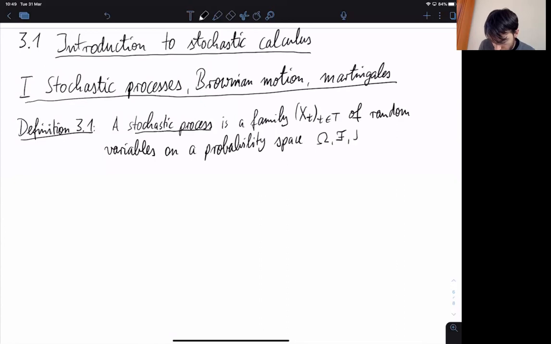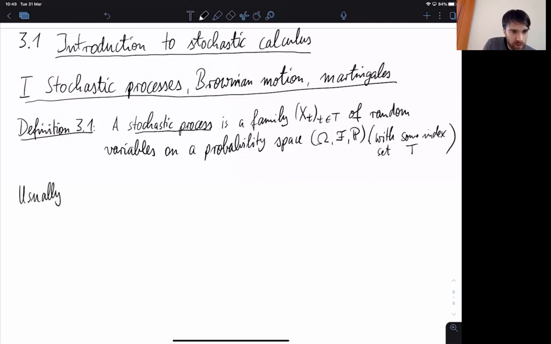Omega, sigma algebra F, and the probability measure I will denote by P. Then maybe I should mention it, with some index set T. And there are some usual examples.